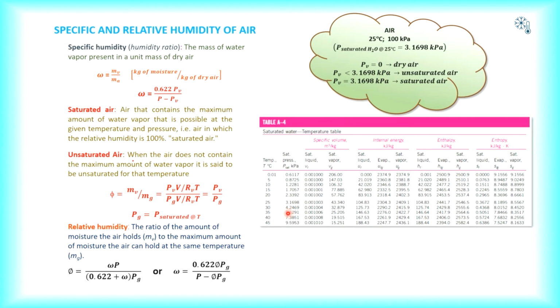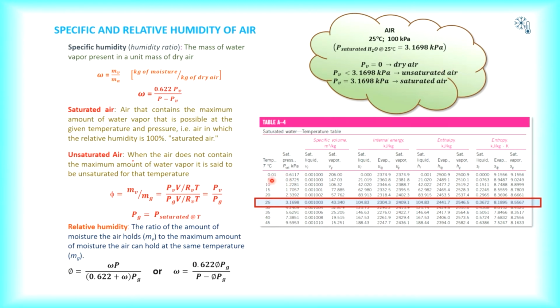So if you examine and get a pressure which is less than 4.2469, that would be your PV. If it approaches 4.2469, then the air is already saturated. I hope you all understand what I've explained, based on 25 just now.